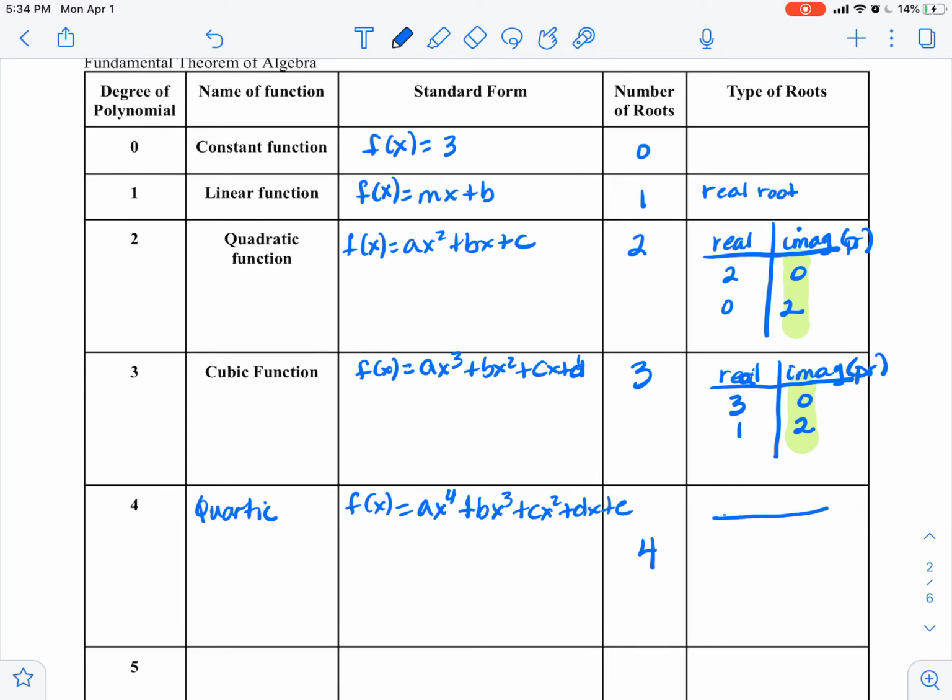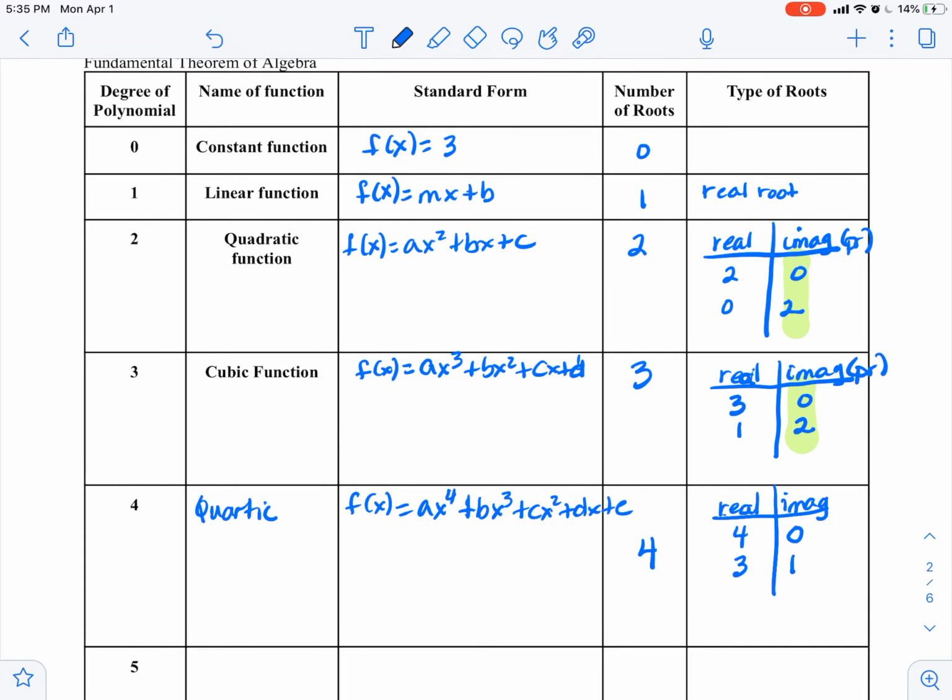When I divide it up into my reals and my imaginary, first off, I could have all 4 be real, crossing in 4 places, no imaginaries. Could I have 3 reals and 1 imaginary? Is that possible? Hopefully your answer is no, because I have to have just evens over there. So that is not a possibility.